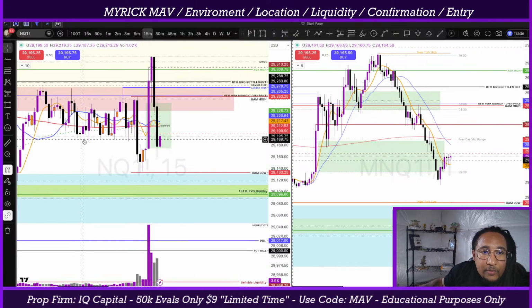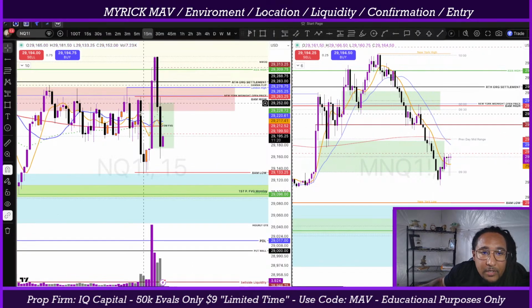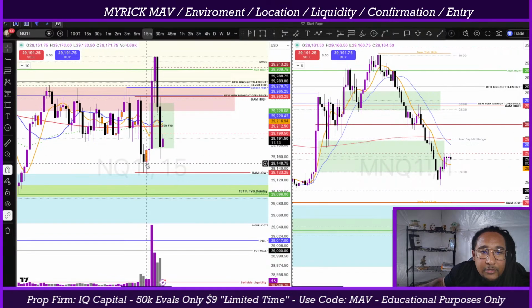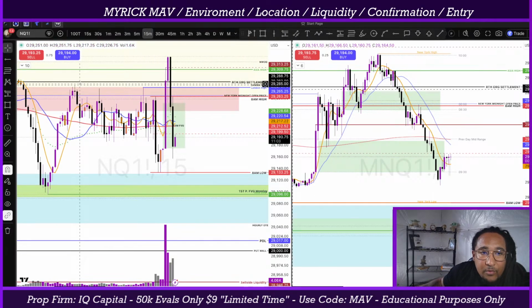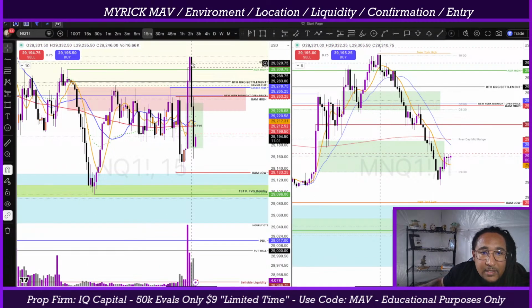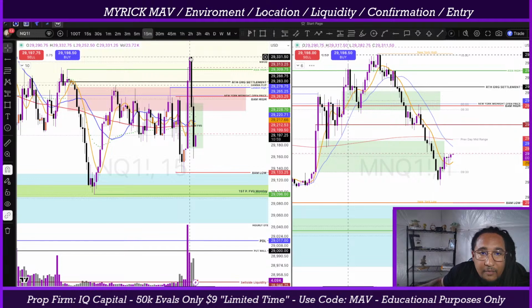On the 15-minute, we got a lot of accumulation. Some manipulation to the downside, then a distribution to the upside. So we could be seeing this distribution to the upside after we broke these highs as an indication of higher prices.